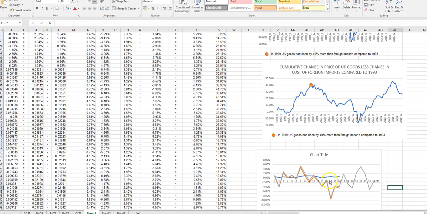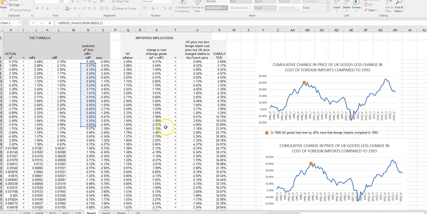This chart is beginning to show that the actual change is not really related at all to the difference in inflation rates as predicted there.